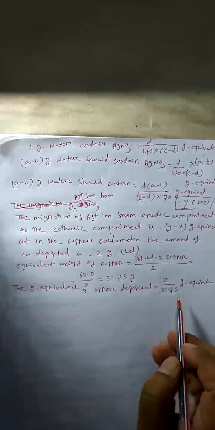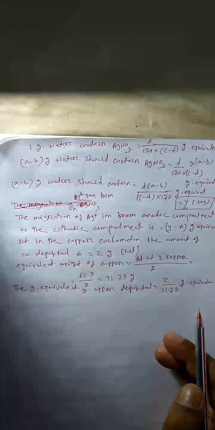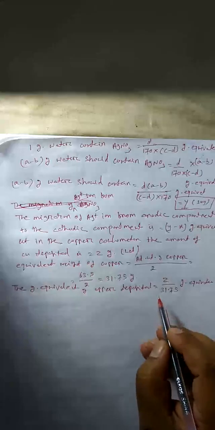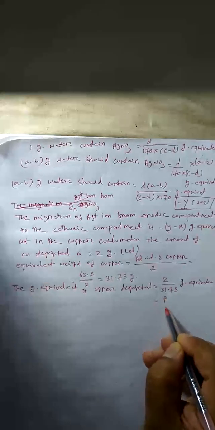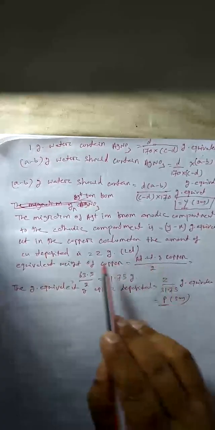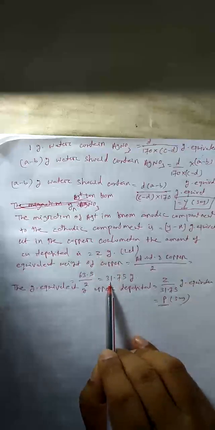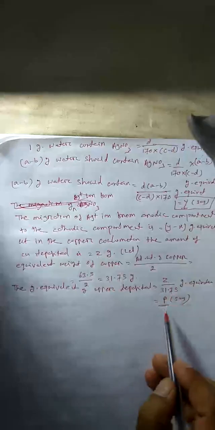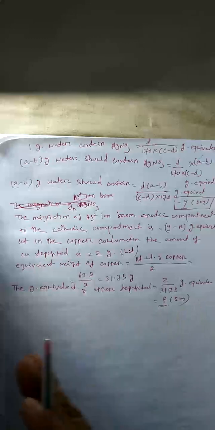This gram equivalent of copper deposited is Z by 31.75. Suppose you consider it P. This value you say P, where P is the total current passed through the solution.